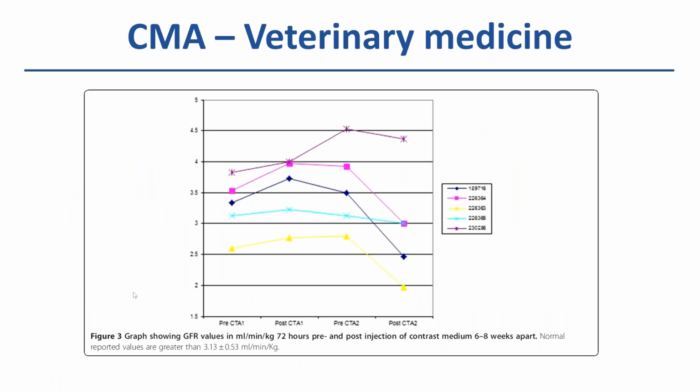There were only 5 dogs in that study, but if we look at the table, the first 2 time points are before and after the first contrast, and the last 2 time points are 6 to 8 weeks later, again before and after administration of contrast media. After that first one, there's maybe an increase in GFR, if anything, although it's hard to tell if that's clinically significant.